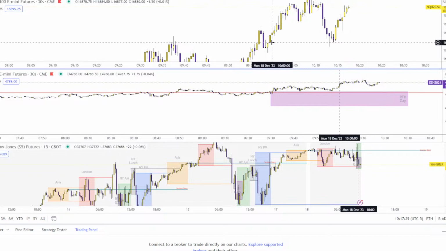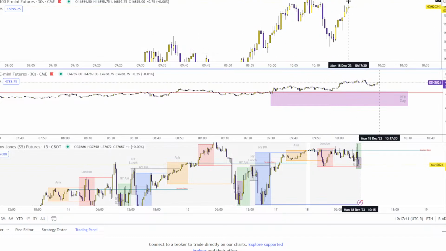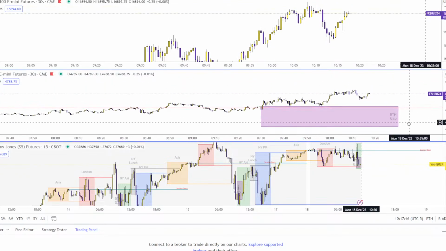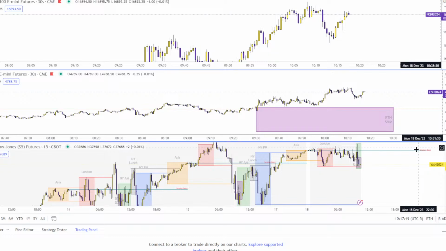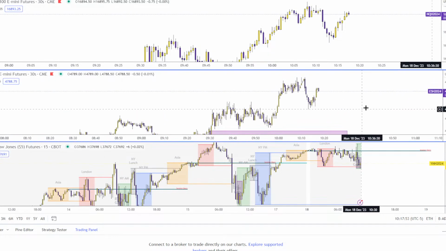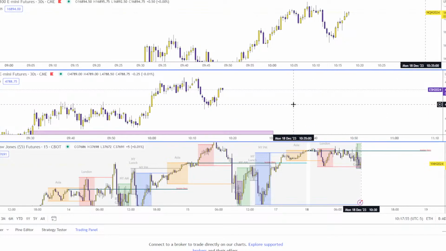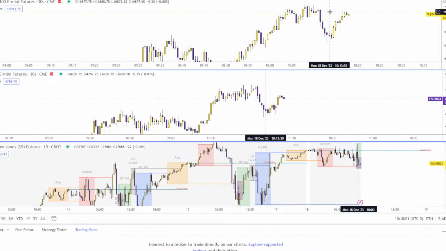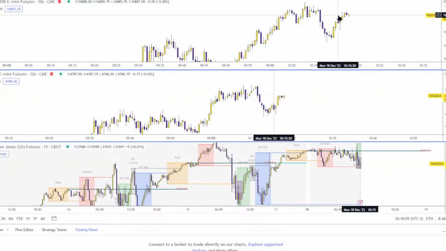Look at that, right off that silver bullet. Beautiful entry. Now, fill that fair value gap there. Do we roll over and come back down? My guess is we're probably going to do that.